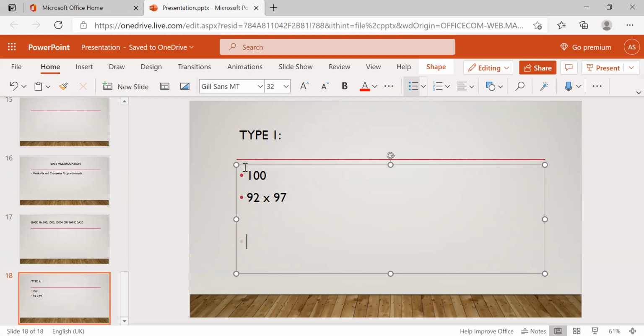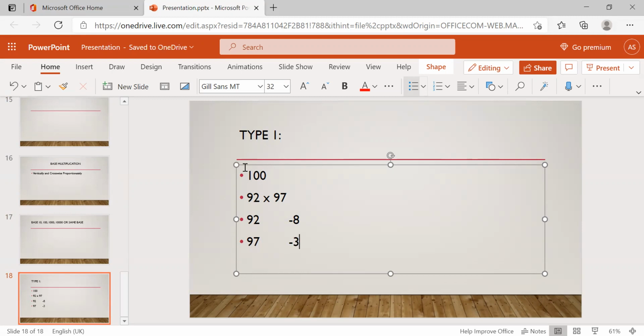Vertical crossing. I'm writing 92, and how much is it less? Minus 8. The sign is very important. And next, 97. Here also it is less than 100, less than the base value. What is the difference? Minus 3.